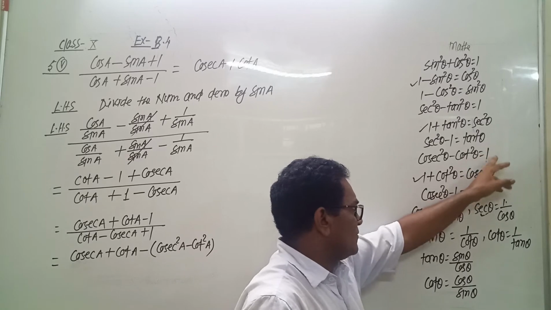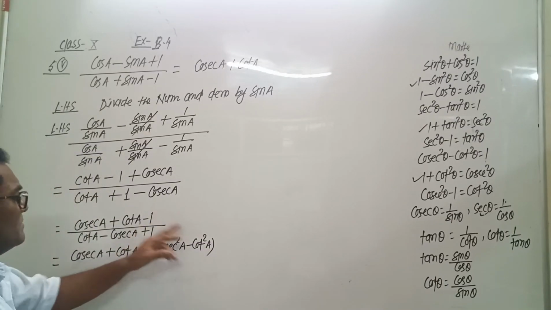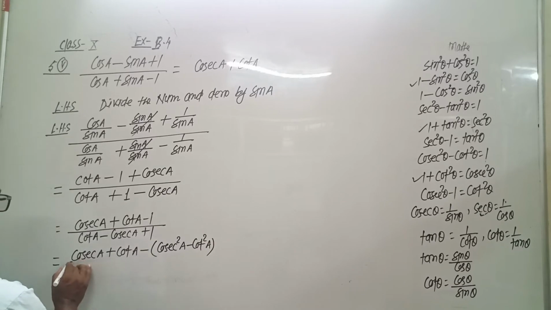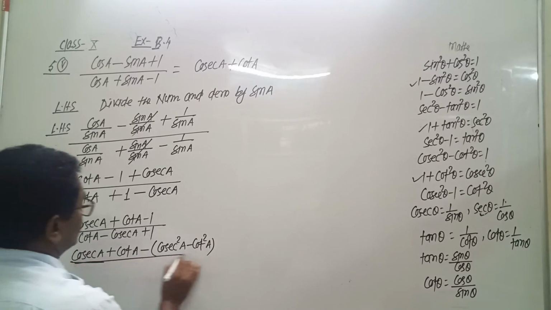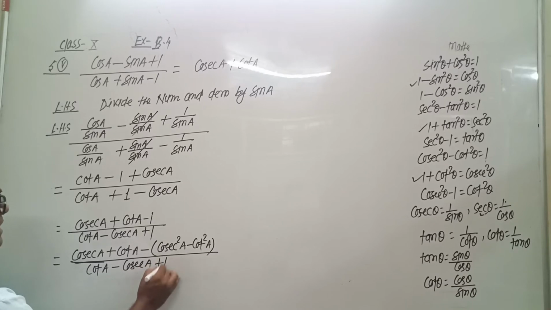So at the place of 1 we write cosec square A minus cot square A in the numerator, and the denominator would be written as it is, cot A minus cosec A plus 1.